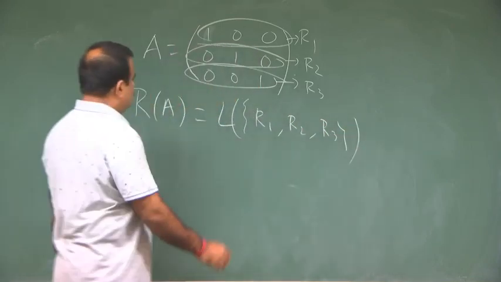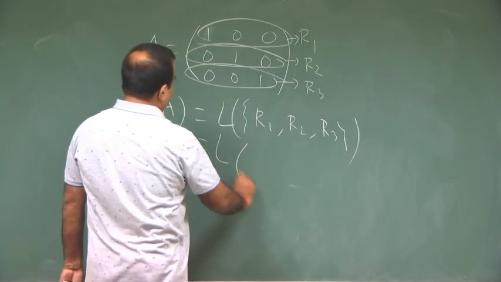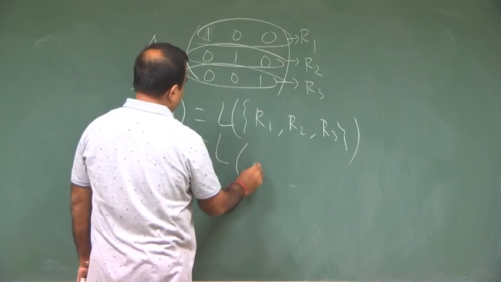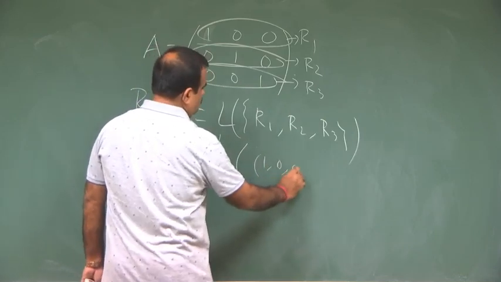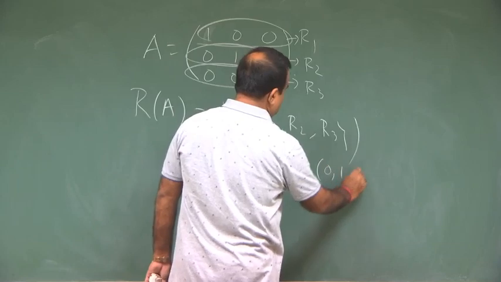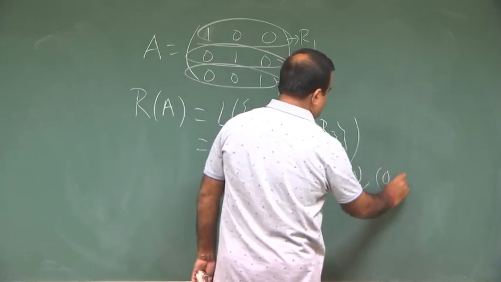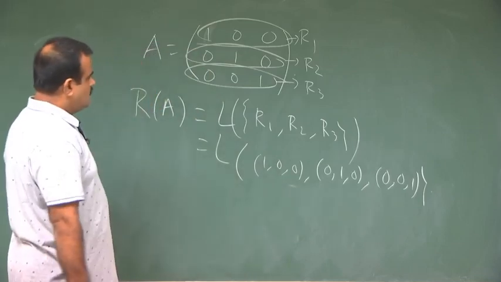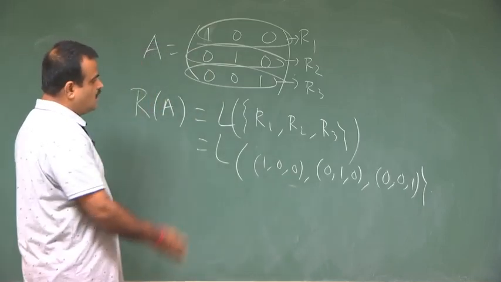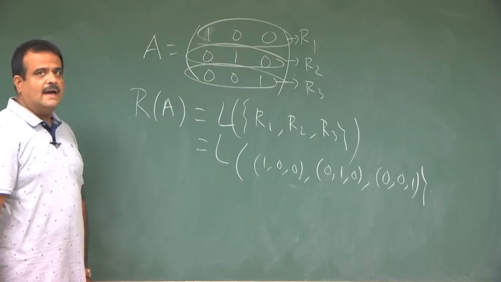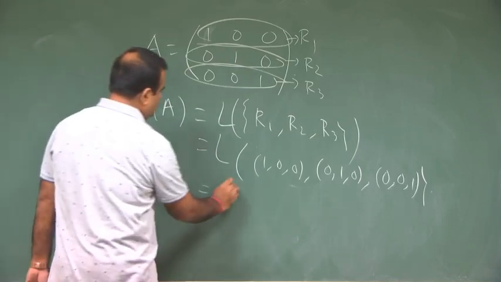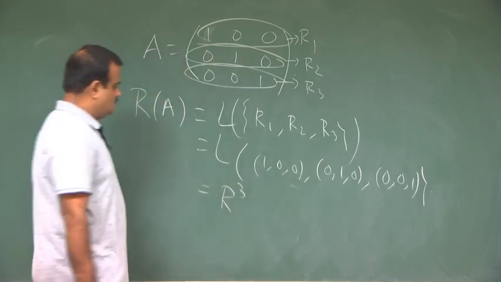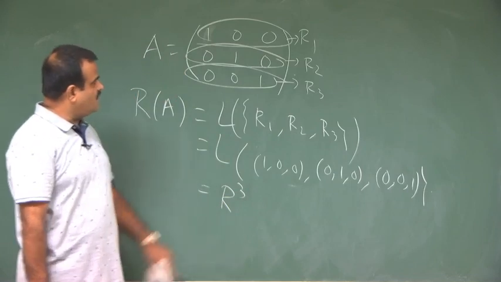Now, here R 1, R 2, R 3 are the standard vectors: 1 0 0, 0 1 0, 0 0 1. These are all independent vectors and they will form R 3, the real number field R 3.